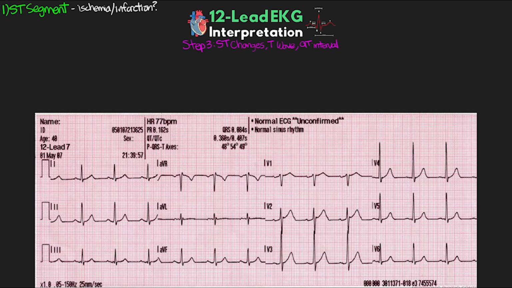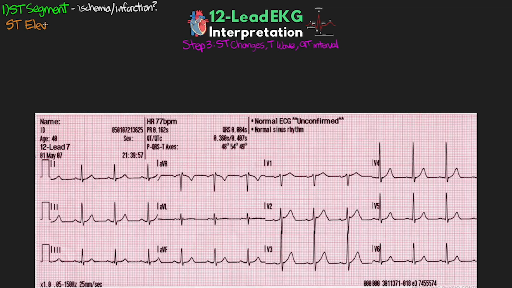And in fact, we actually have a whole list of things that we call STEMI mimics that could mimic some of the ST segment changes that would really make us think ischemia or infarction, but in fact are not. So again, I'm going to be doing a whole separate lesson on this topic of ST elevated myocardial infarction, and in that lesson we're going to go into much more detail on all this, but just know that in this step, this is where we want to be looking for this.